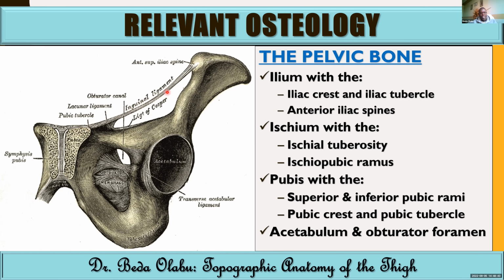We call that ligament the inguinal ligament. That inguinal ligament reflects on itself on the medial end as the lacunar ligament, and even more laterally as the pectineal ligament, also called the ligament of Cooper. So those ligaments are also important to note at this point in this lecture.